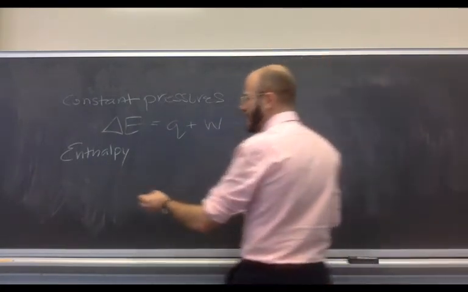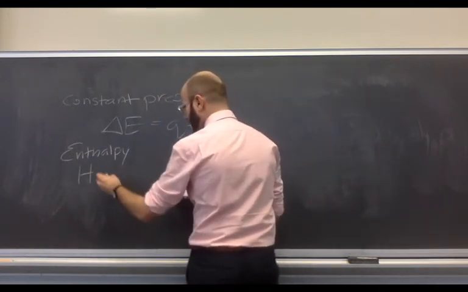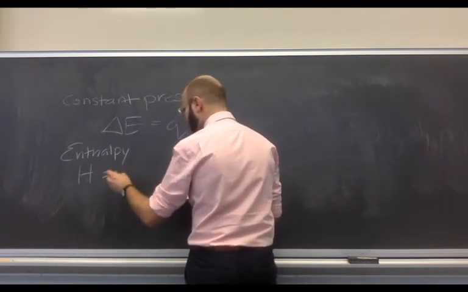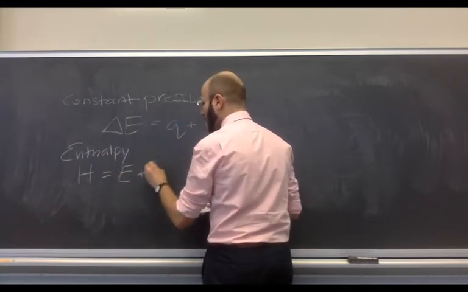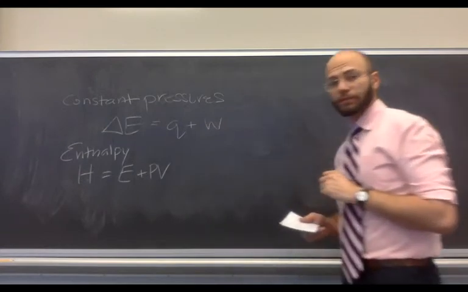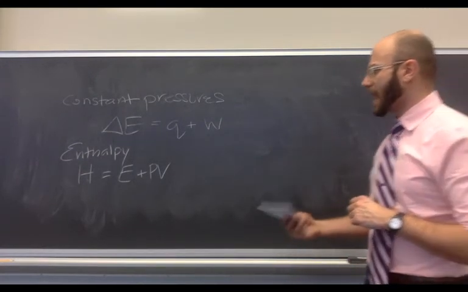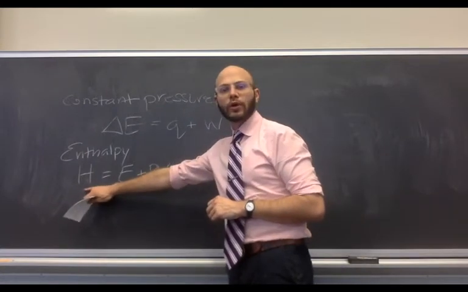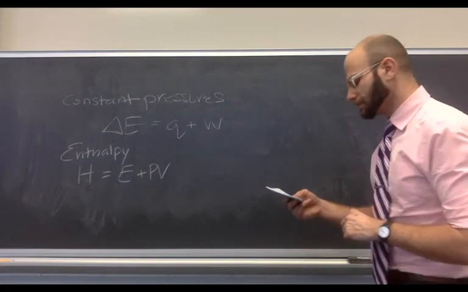And so in this case, enthalpy is going to be H. And we'll start by seeing that it's going to be equal to the energy, not the delta, just the energy, plus the pressure and the volume. So I'm giving this to you and we'll work through a derivation, but know that this is just sort of a more real-world example than just using E, at least to start.